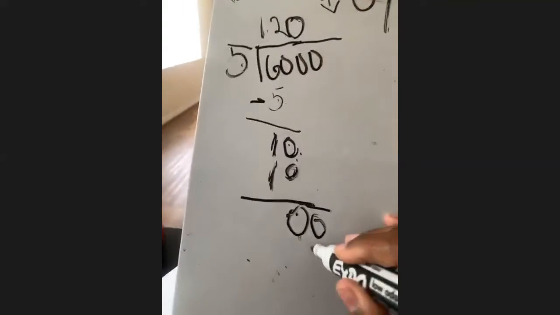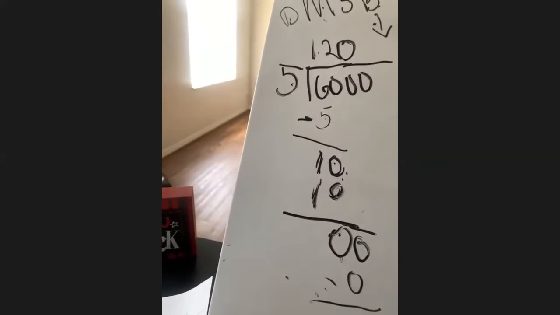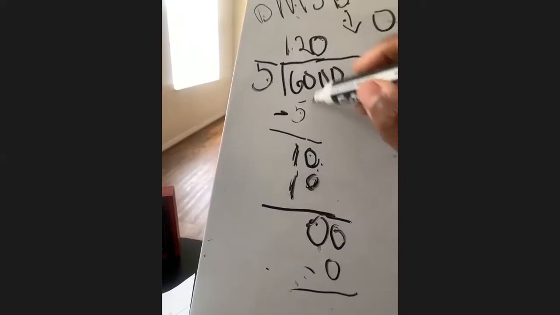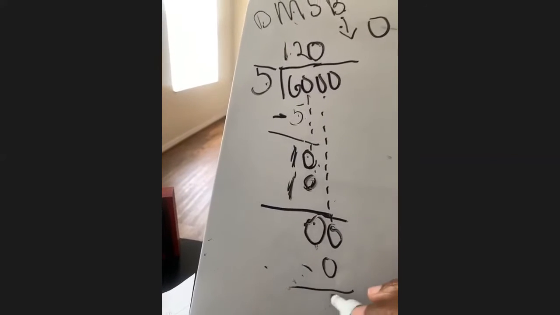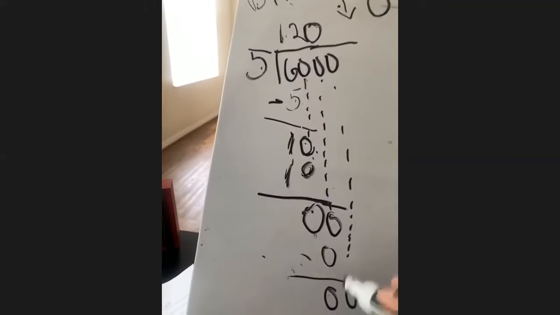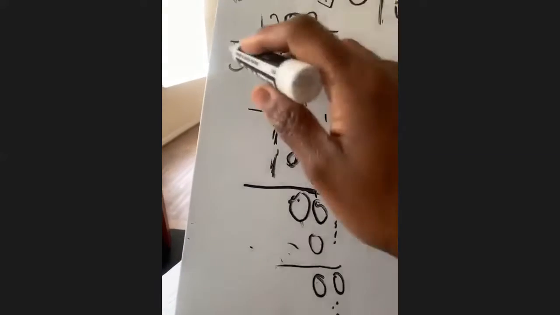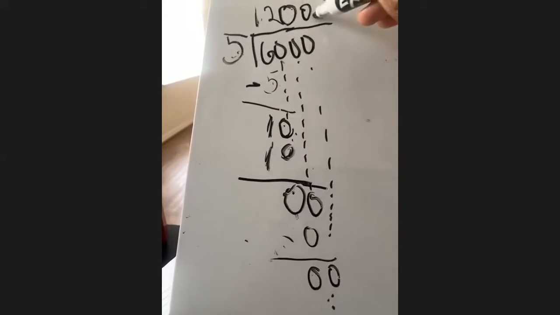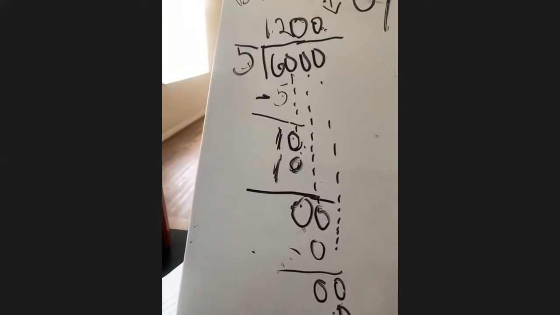So 5 goes into 0, 0 times, and because you have another 0, right? So we brought this 0 down. Now we got to bring this 0 down, right? And 5 goes into 0 again, 0 times. 5 goes into 0, 0 times 5 is 0. And that leaves us with 0.